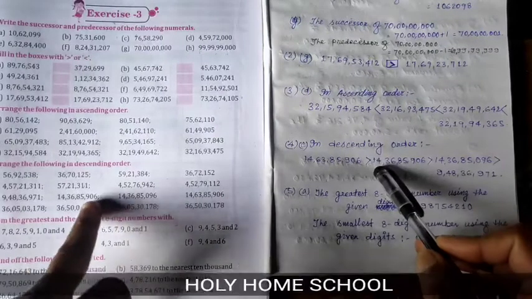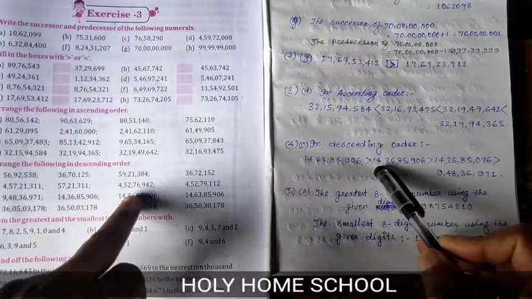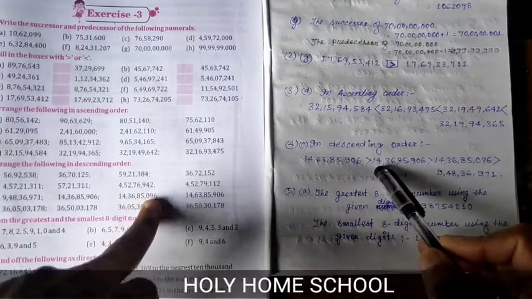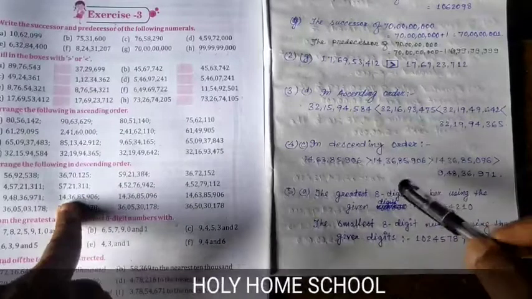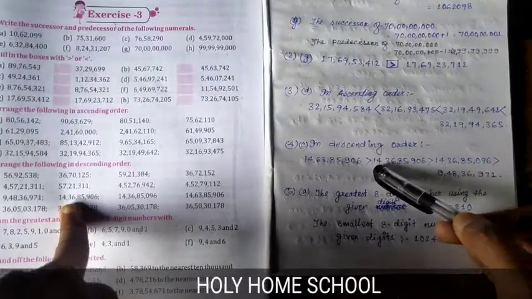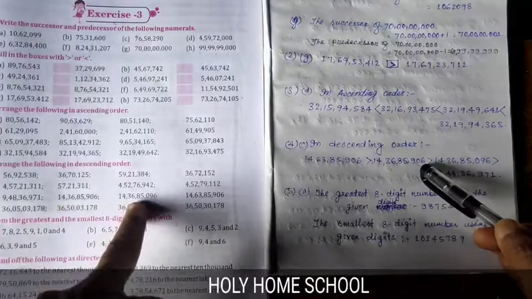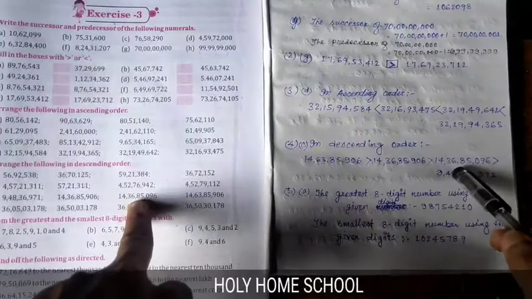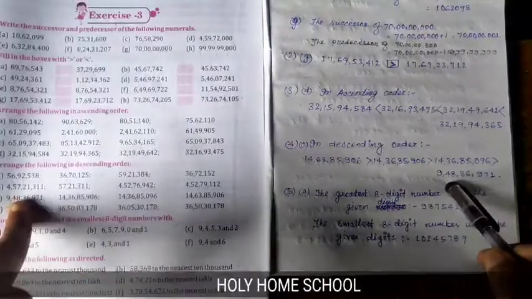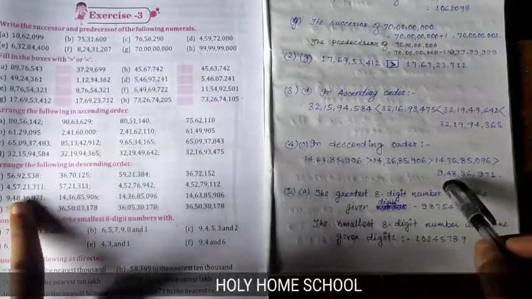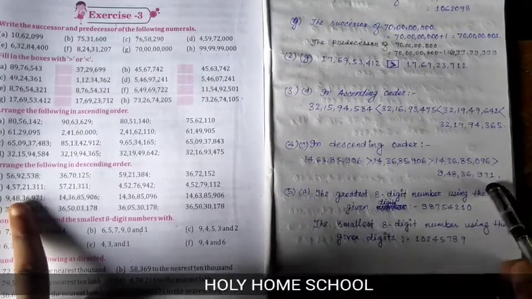Thereafter 14 crore 36 lakh 85,906, thereafter 14 crore 36 lakh 85,096, and thereafter we write the smallest one, that is 9 crore 48 lakh 36,971.